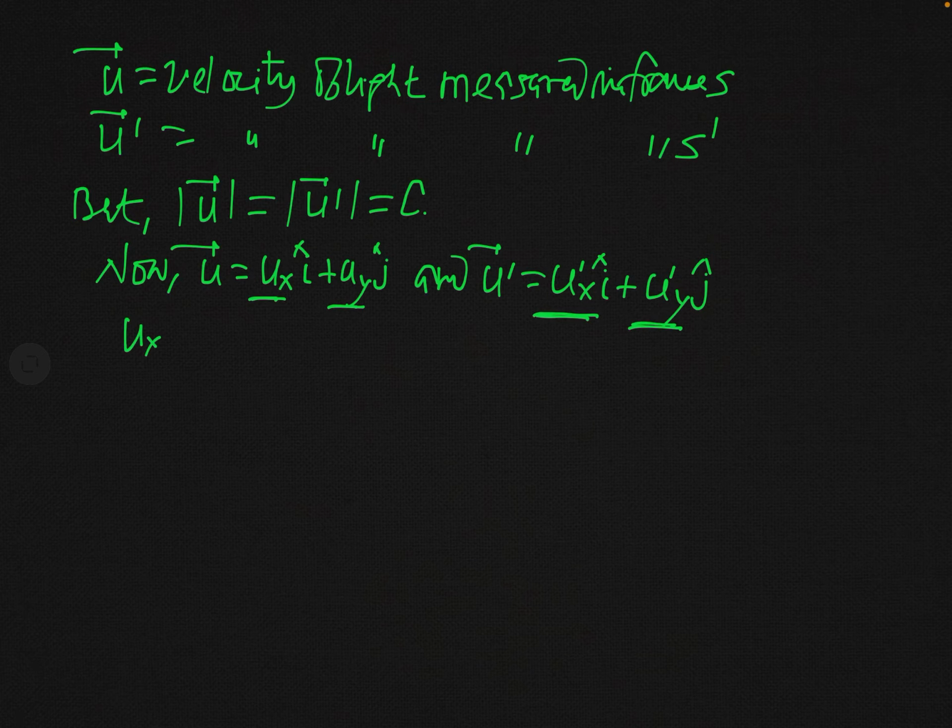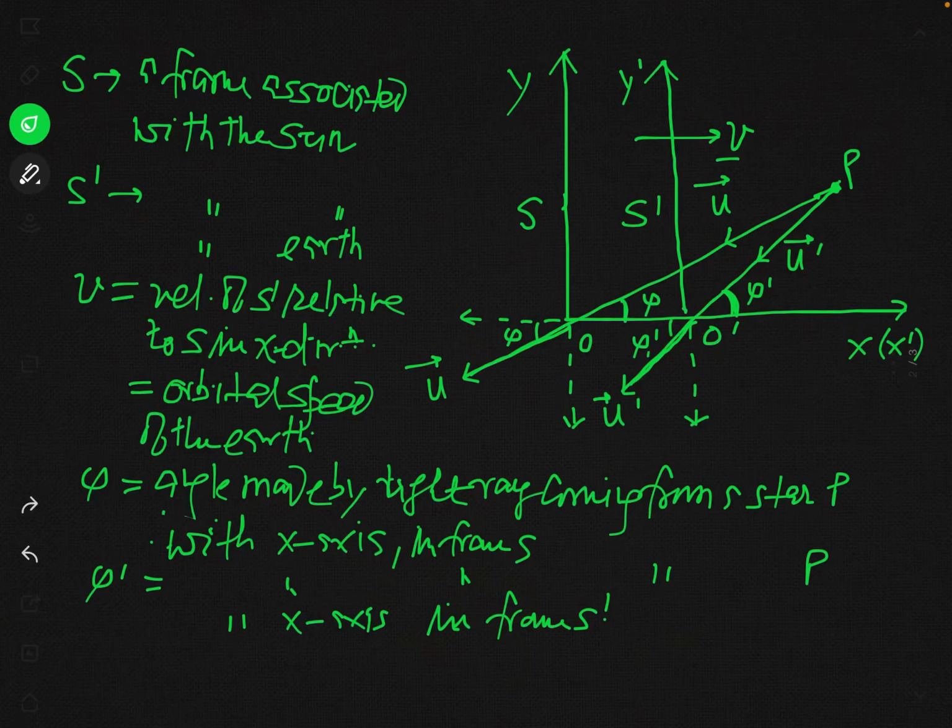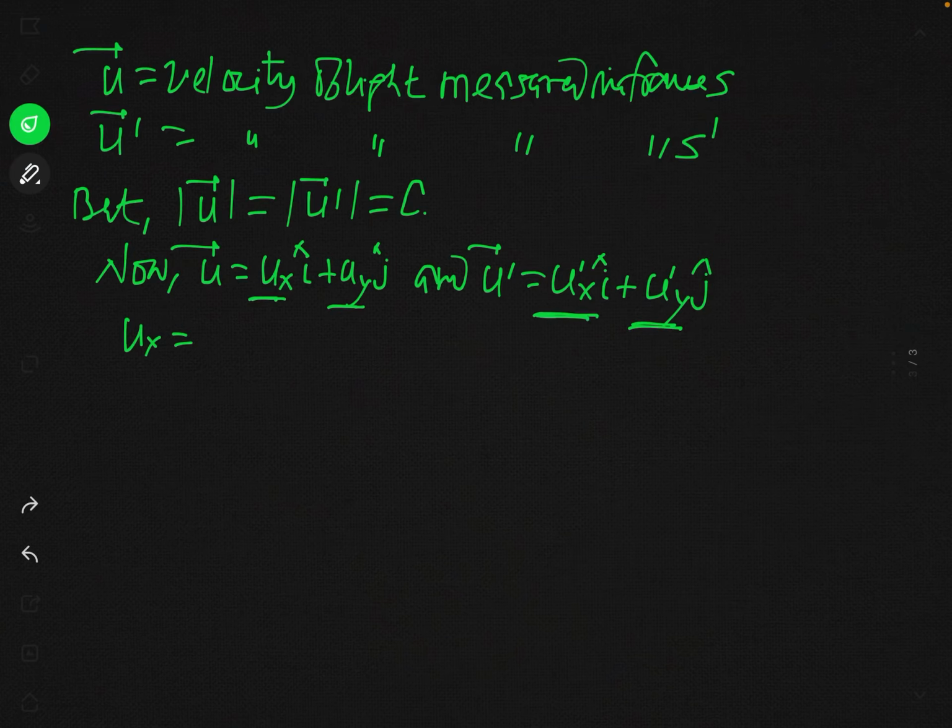So ux equal to what? See this figure. As you can see, this vector u actually makes an angle phi with the negative x-axis. So the x component will be equal to minus modulus of u cos phi. Since it is in the third quadrant, the x component will be negative: minus modulus of vector u into cos phi. But you have seen that the modulus of vector u is simply c.